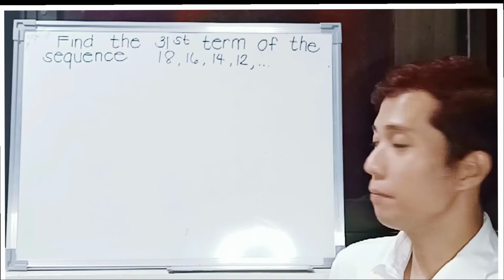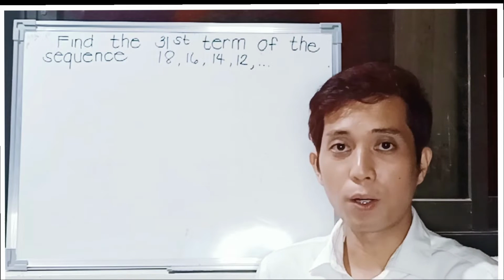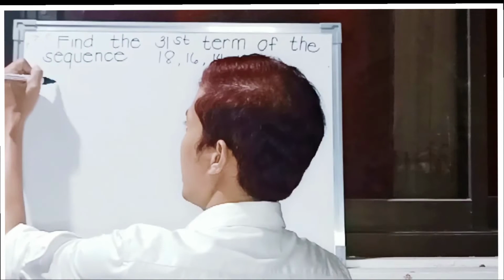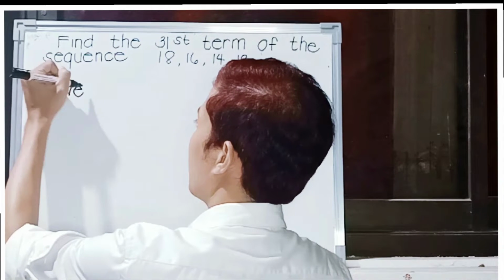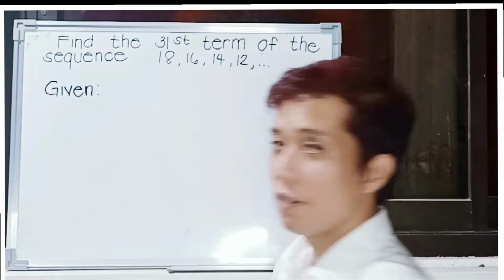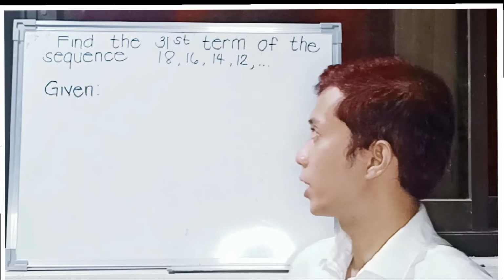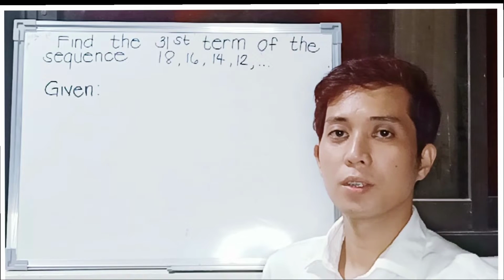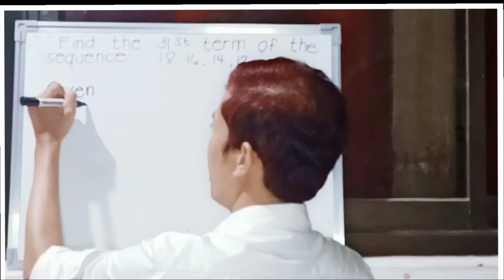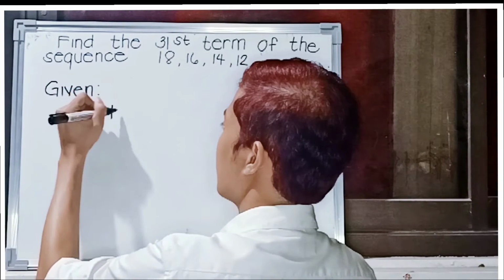The same thing that we did before, first is to write down the given in our problem. For the given, we need two things, the common difference and the first term. Given the sequence, what is our first term? Very good. Our first term, or a sub 1, is equal to 18.